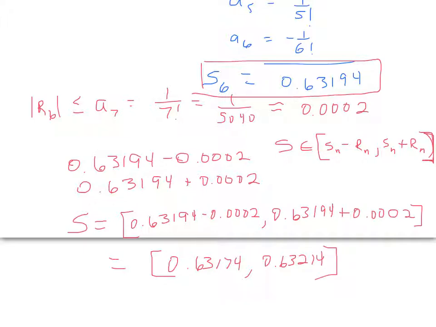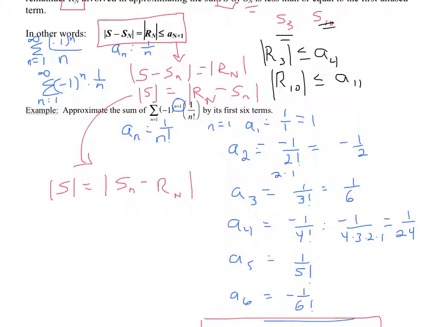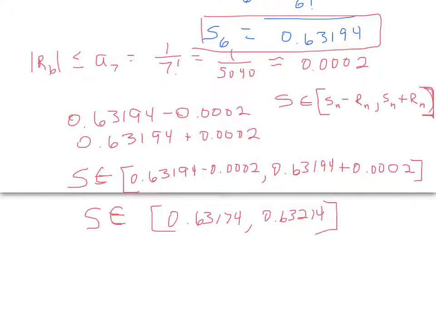I need to make this an element of instead of equals because it's an interval. We don't know exactly what the sum is, but we've narrowed it down, and we know that the sum of our given series is going to fall between these two numbers.